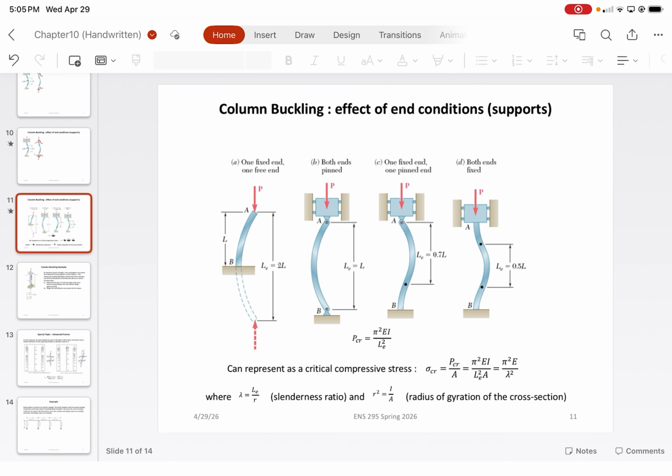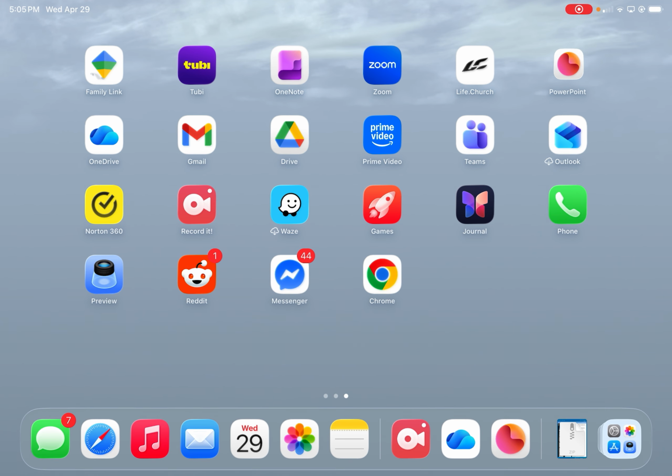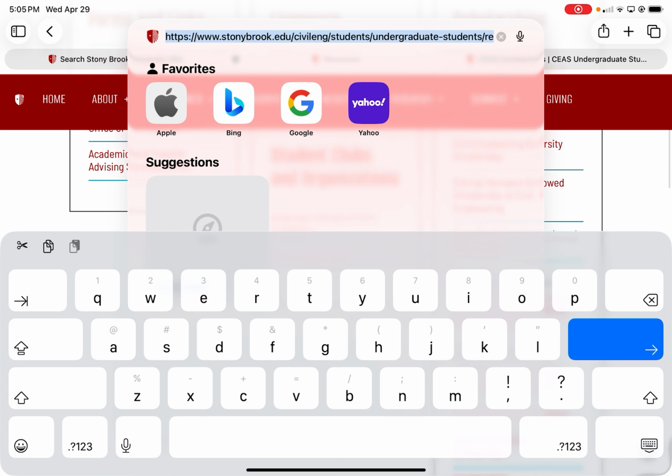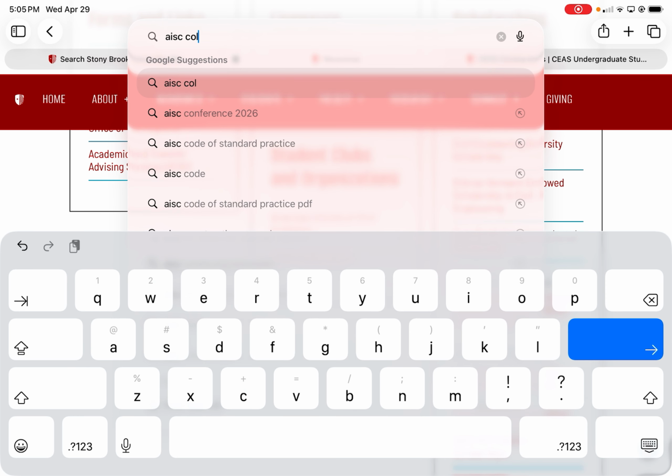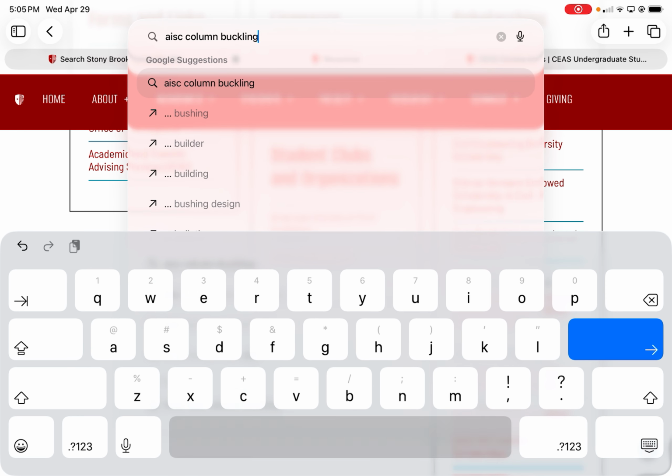So for example, for a fixed free end, we noticed that the K factor for column buckling was 2. For both ends pinned, the simple answer was just K equals 1, and so on. So let me pull up the AISC column.